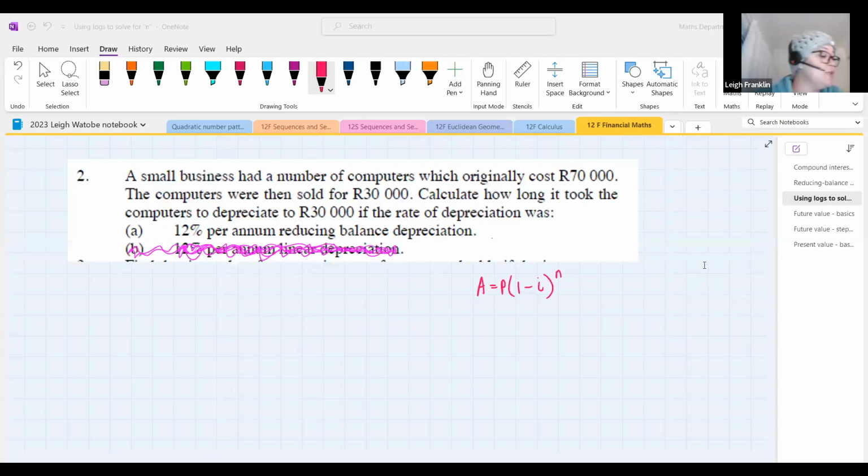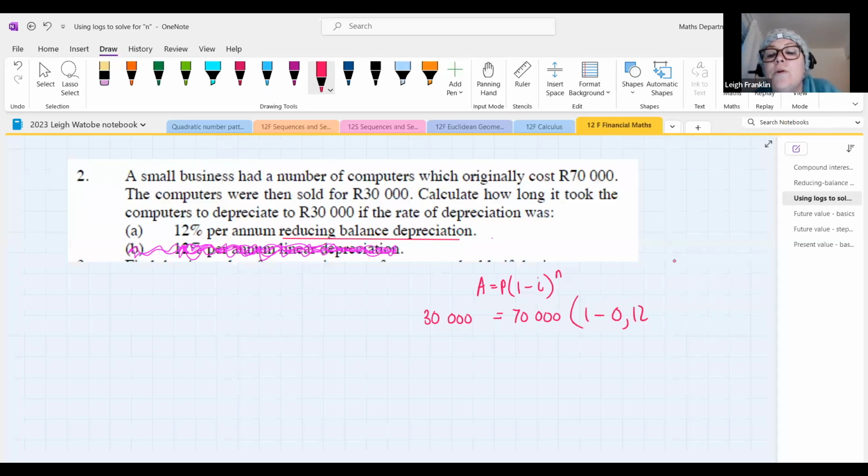Maybe what you did is you mixed up your P and A values. So just very quickly, remember we are working with reducing balance depreciation. So our A value is smaller than our P. We should have said 30,000 equals 70,000(1 minus 0.12)^n.